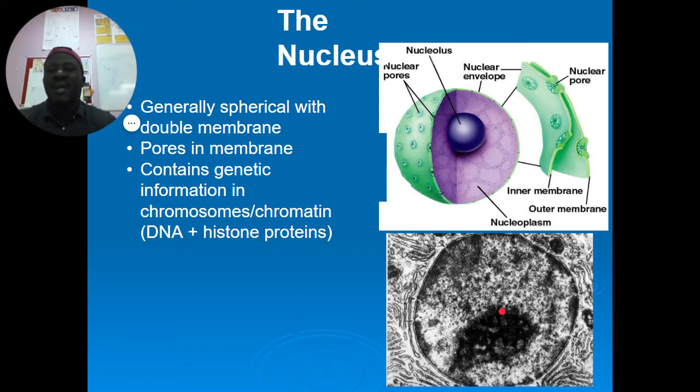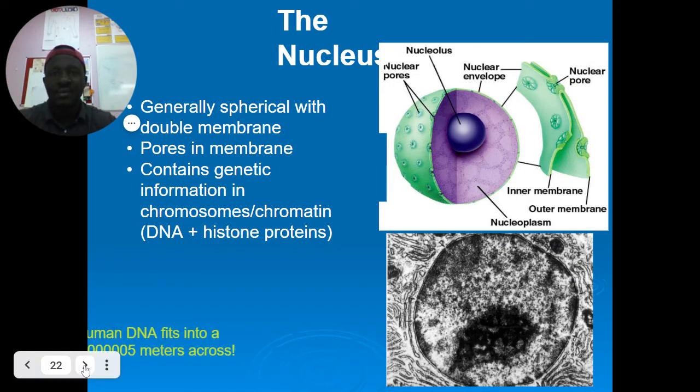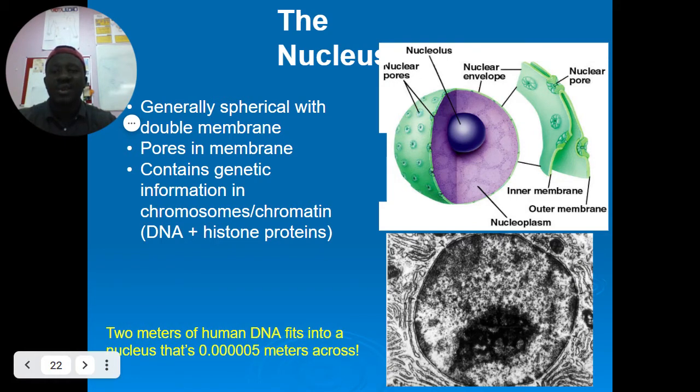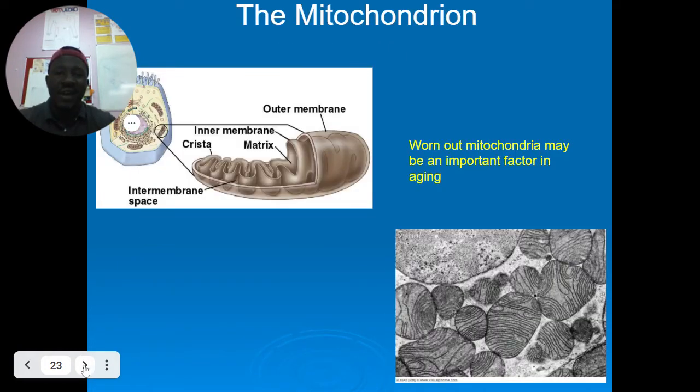It contains genetic information, which are the chromosomes, chromatin, DNA plus histone proteins. Two meters of human DNA fits into a nucleus that is 0.000005 meters across. That's a fact.